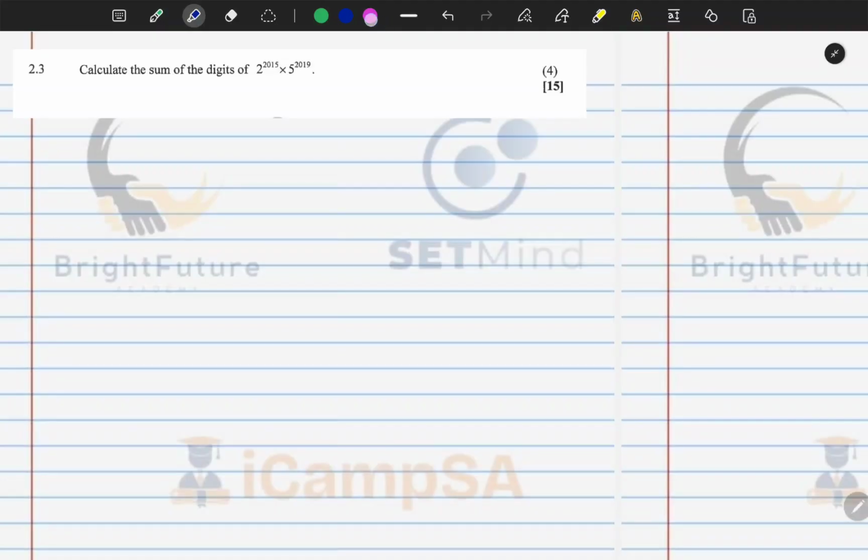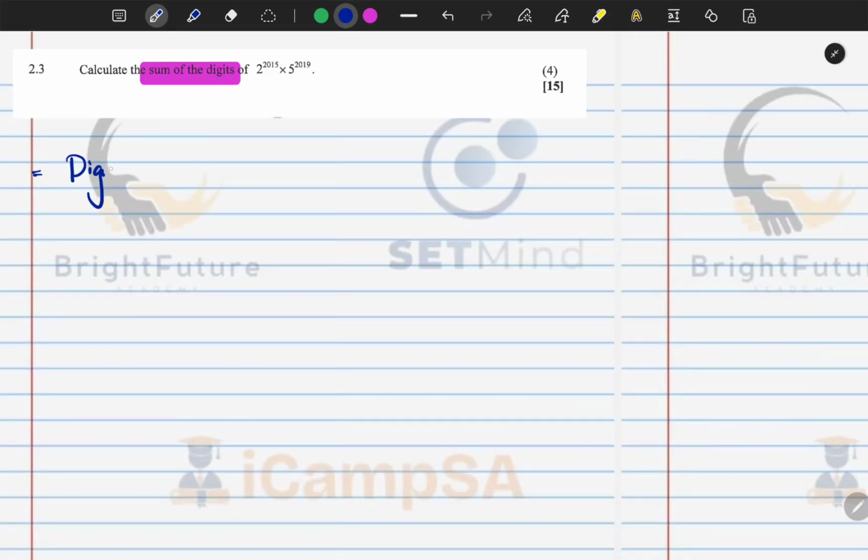But the first thing that we have to do is to understand what the question requires of us. The question is saying we need to calculate the sum of digits, right? So what does that mean? The first thing that we have to do is to define what we mean by digits. So what are digits?